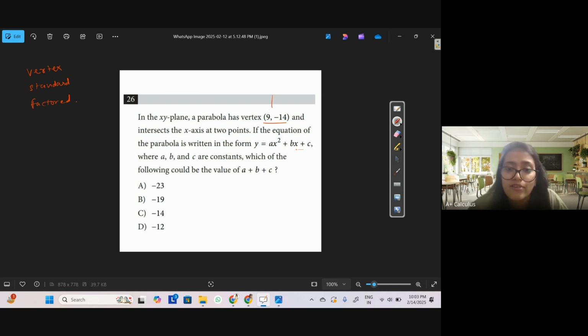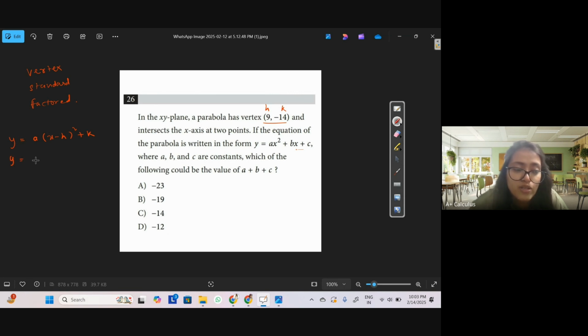First information that we have is that the parabola has vertex (9, negative 14). Well, this allows us to write the equation of the quadratic in the vertex form. The vertex form is given by a times (x minus h) whole squared plus k, where h and k are the coordinates of the vertex. So this is h and this is k.